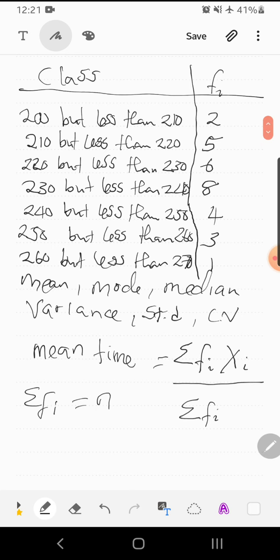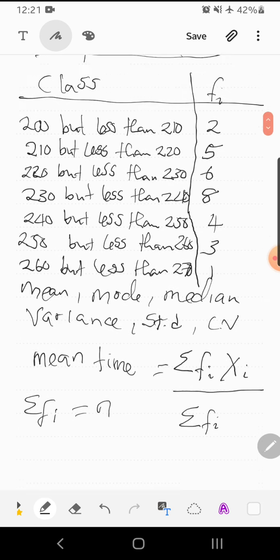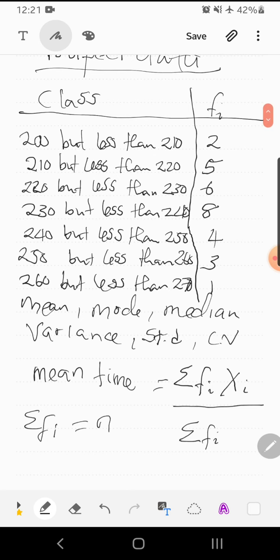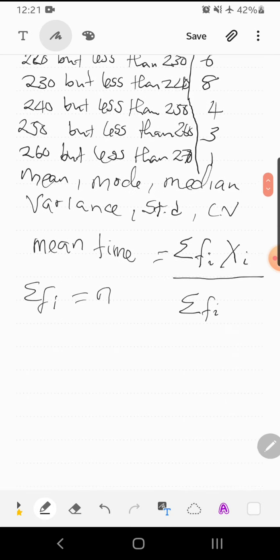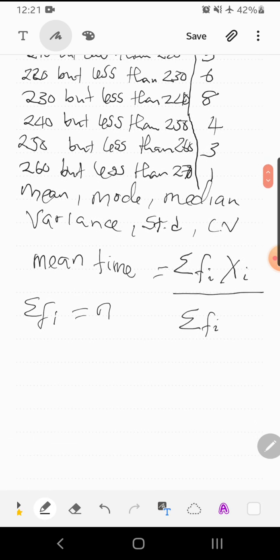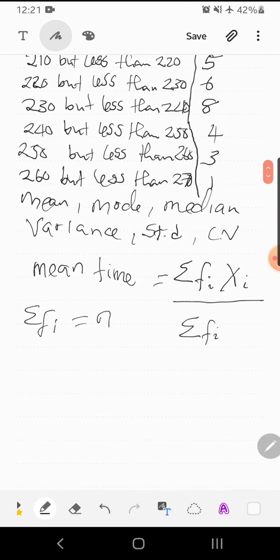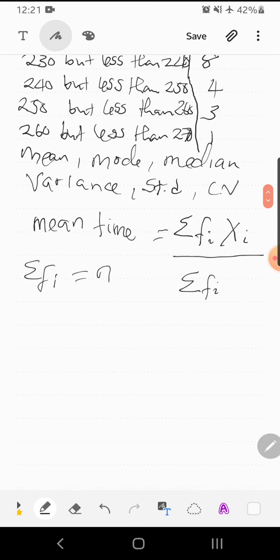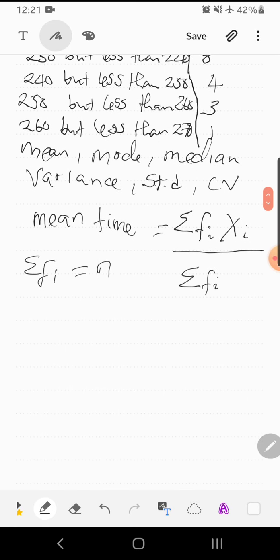So that means we have to find the midpoint for the classes. I'll shorten 200 but less than 210, and just write 200 to 210, because of space on the gadget I'm using.